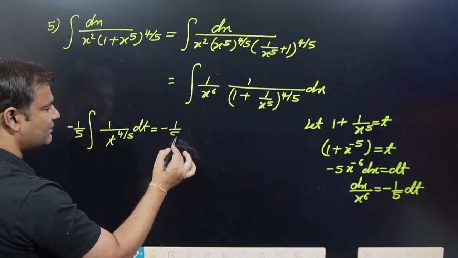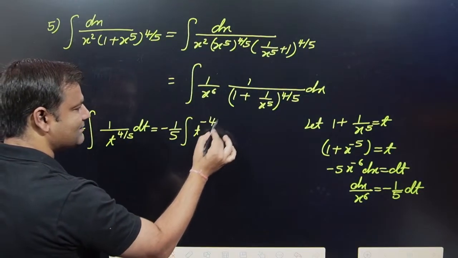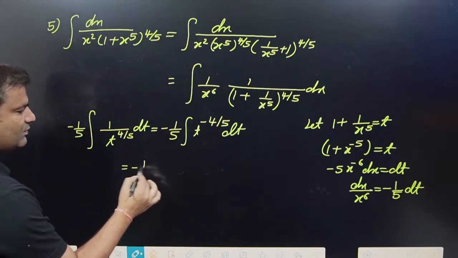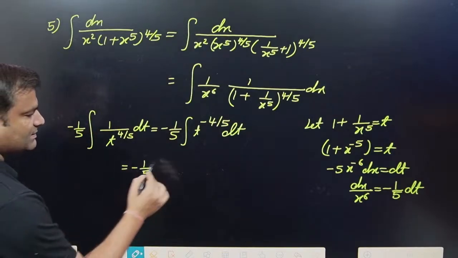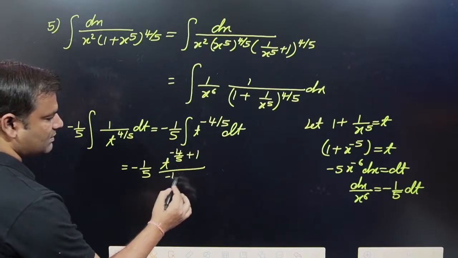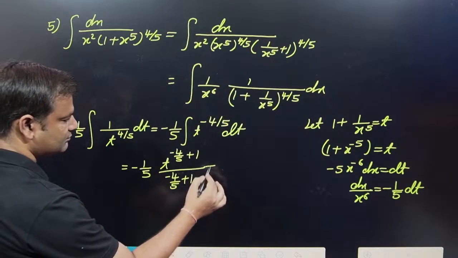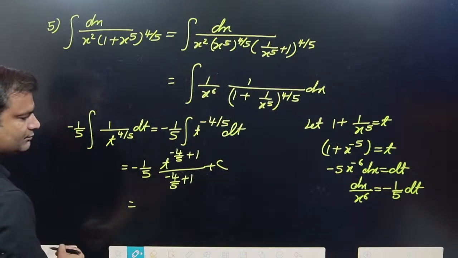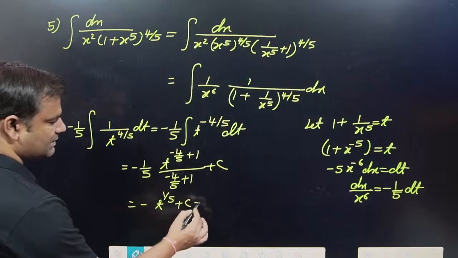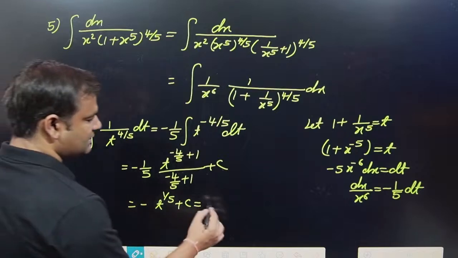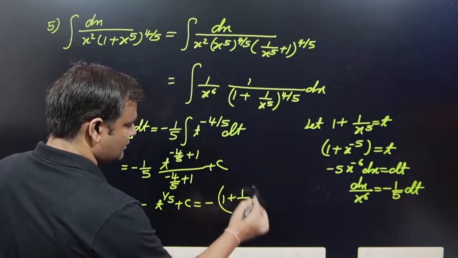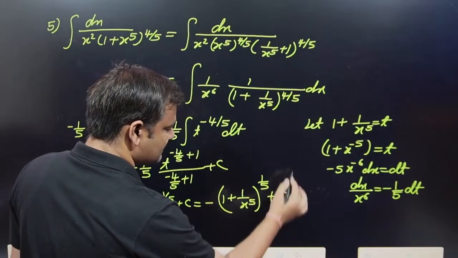So minus 1 by 5 times the integration of t to power 4 by 5 gives t to power 1 by 5 plus c. So the answer is minus (1 plus 1 by x to power 5) to whole power 1 by 5 plus c, which is the right answer.